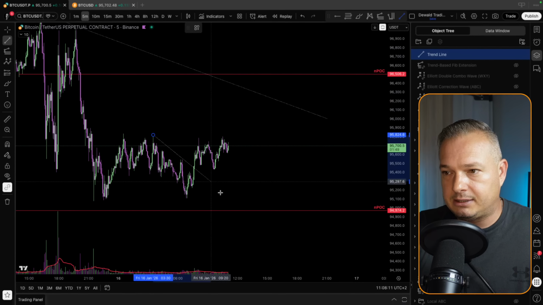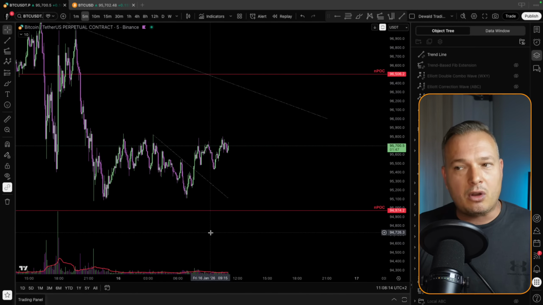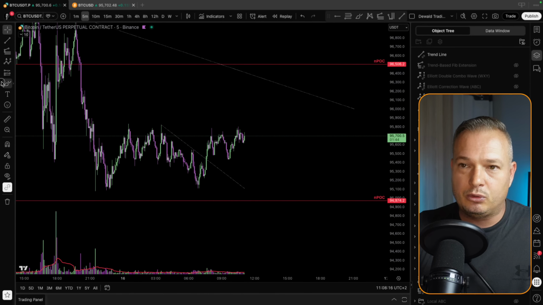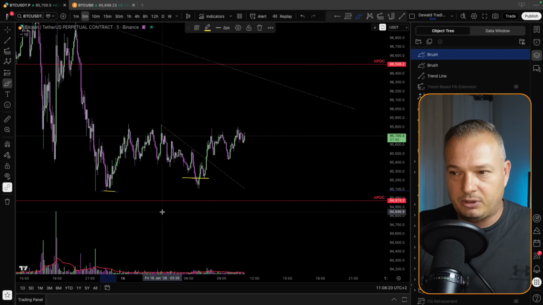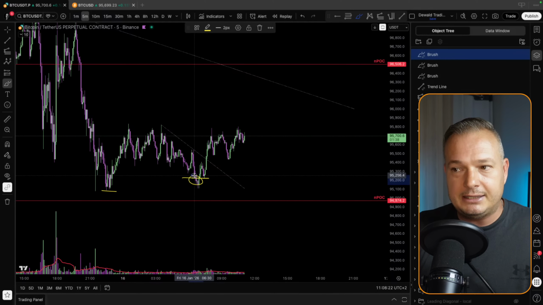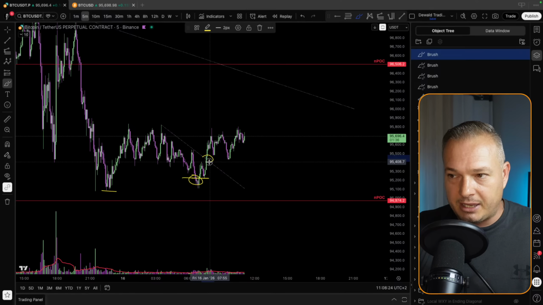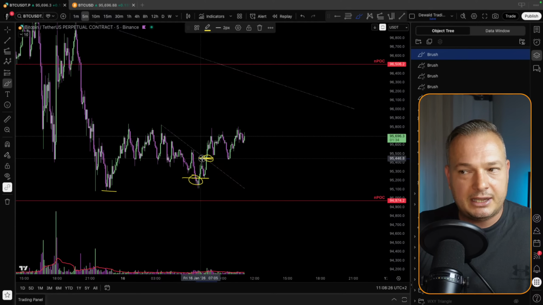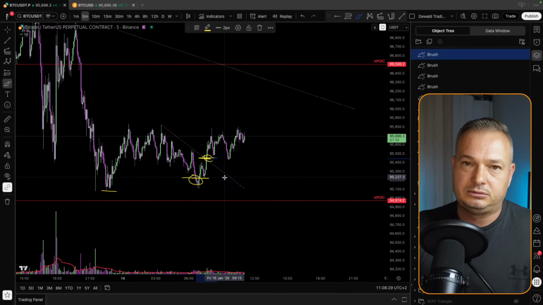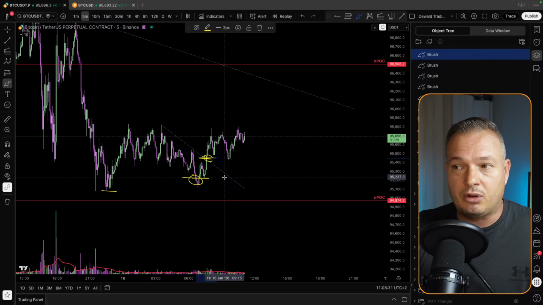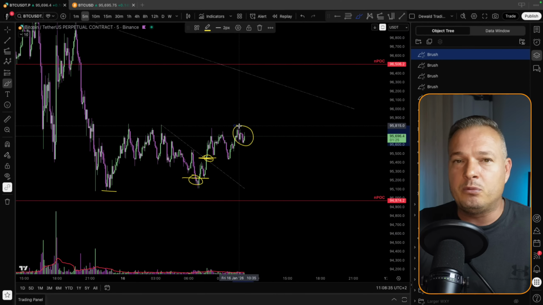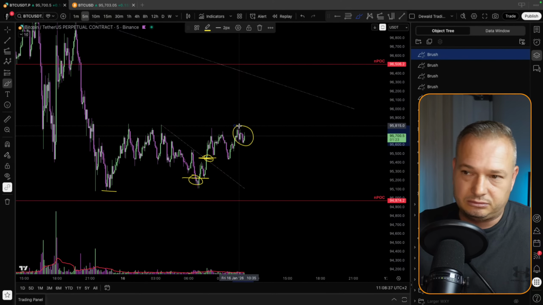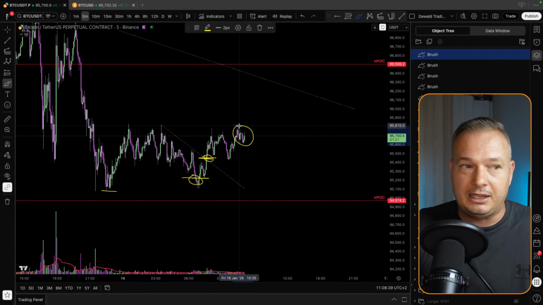I told the guys, if you want confirmation, because while I was entering over here with a tight little stop loss, I said, if you're too scared to enter this trade, wait for confirmation. Okay, so there was the next opportunity. And that opportunity is also gone now at the moment. So where price is here at the moment, there's just nothing for me to do, except manage the trade that I'm currently in.